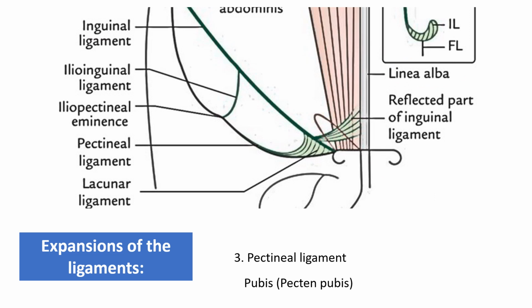The pectineal ligament is a continuation of some fibers of the lacunar ligament. First identify the lacunar ligament in this picture. From it, some fibers are reflected over to the superior ramus of the pubic bone, and that part is called the pecten pubis.